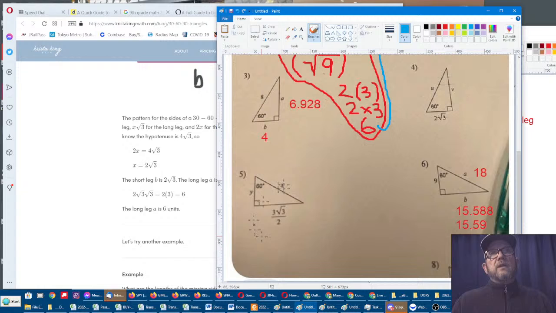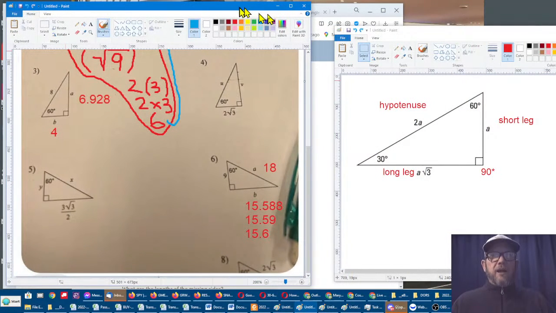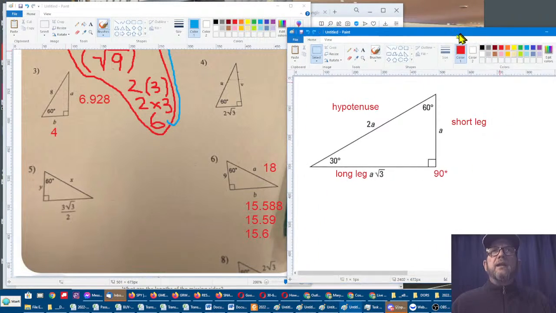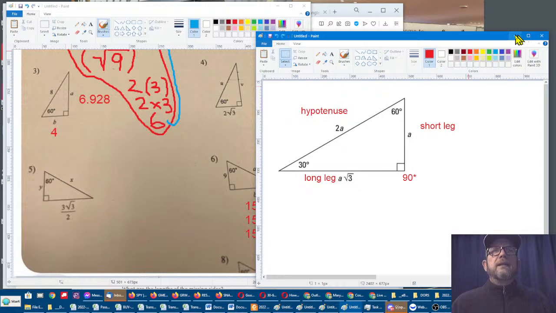Now this right here, that's a little tricky. You've got a very tough homework. Even I have a hard time with it, but I'm trying to help you. Let me go back.